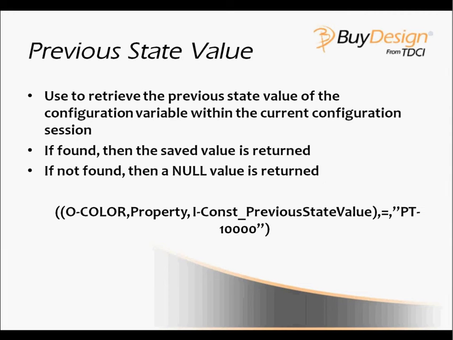In doing that, it's going to increase the price. Like I said, these are ways to control the rule execution, to give warnings, to recalculate prices or dates. Now, if it finds the value, like bullet point 2 says, it's going to return it. If it doesn't find it, it'll return a null value.